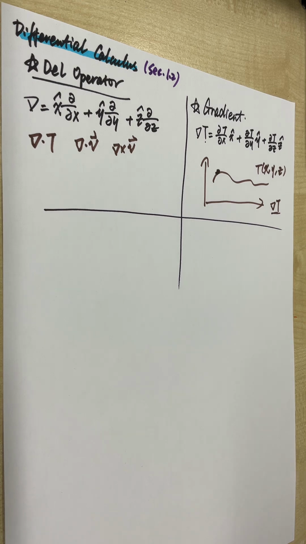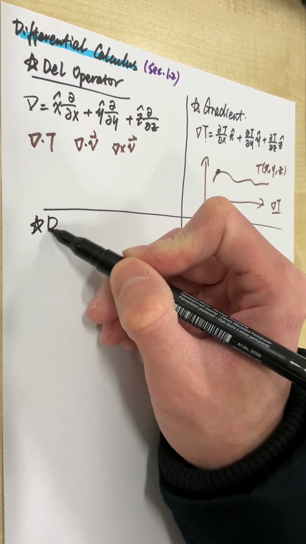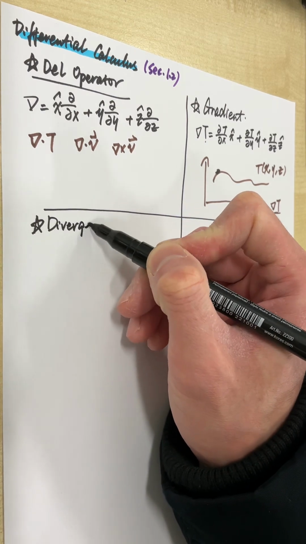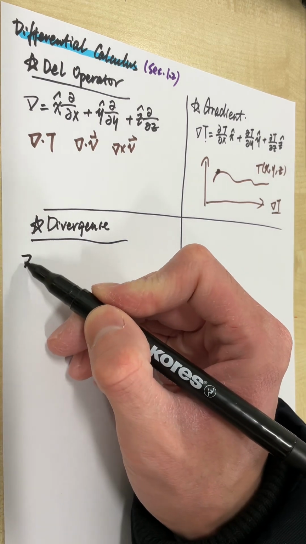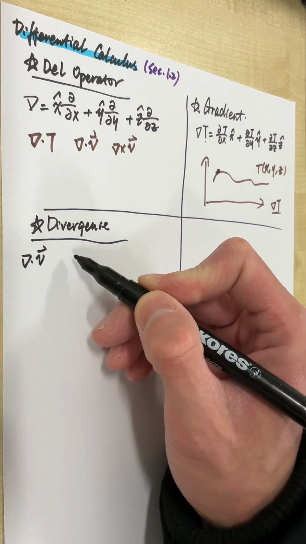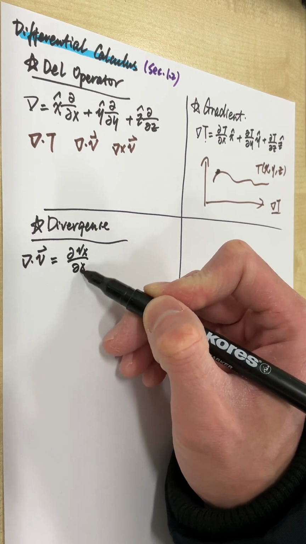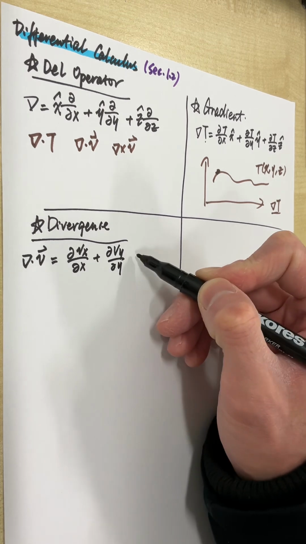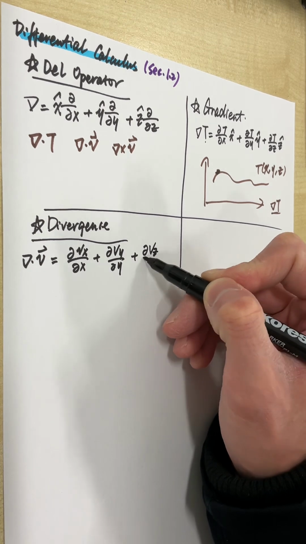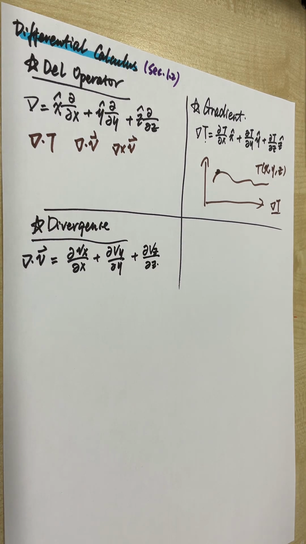And then the next thing is divergence. So we have a dot product. This equals dVx/dx plus dVy/dy plus dVz/dz. A dot product always gives us a scalar.